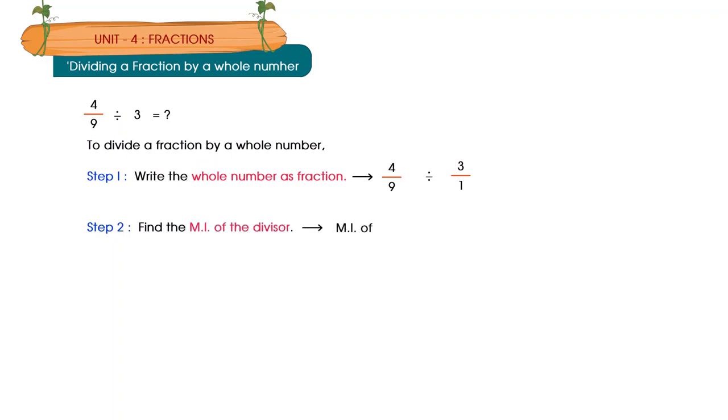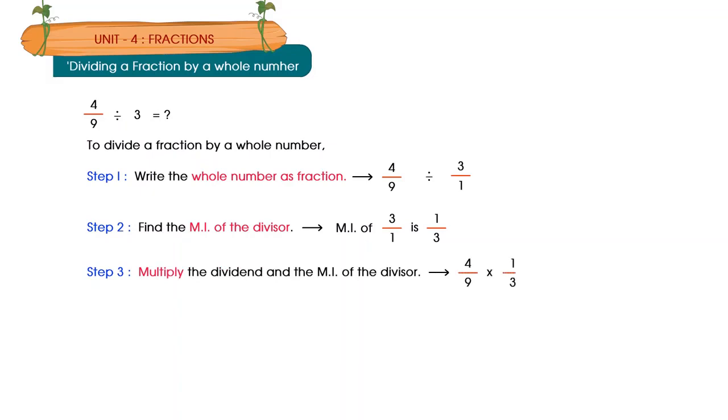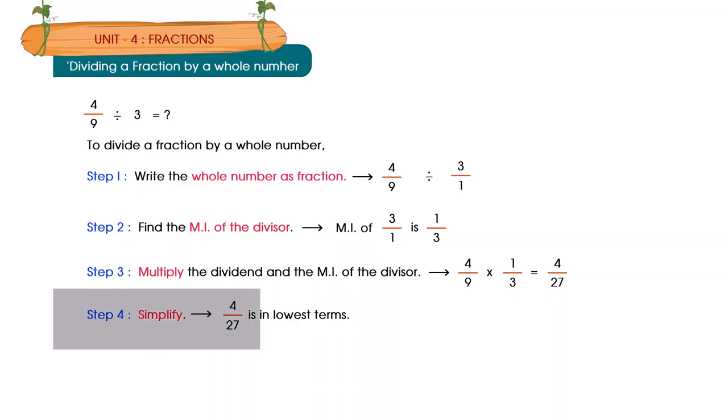MI of 3/1 is 1/3. Step 3. Multiply the dividend and the MI of the divisor. 4/9 × 1/3 = 4/27. Step 4. Simplify. 4/27 is in lowest terms.